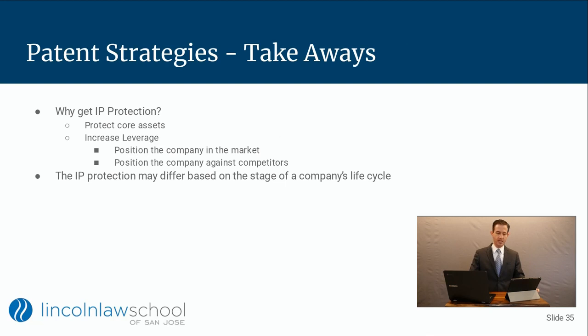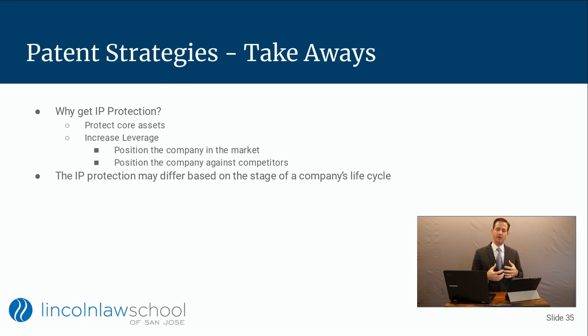So some of the key takeaways from this is, why do we get IP protection? It's all about leveraging what it is that we are doing. Obviously, we want to protect the core assets, and that is what the concept behind core technology gets at, that you're protecting the fundamental aspects of the invention.